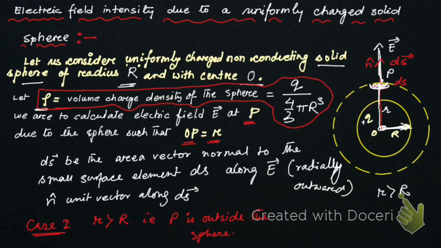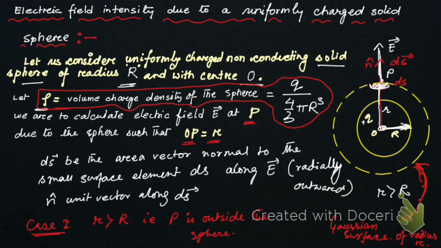And this dotted surface, you can see, is the Gaussian surface, of radius small r. Let me write that way.